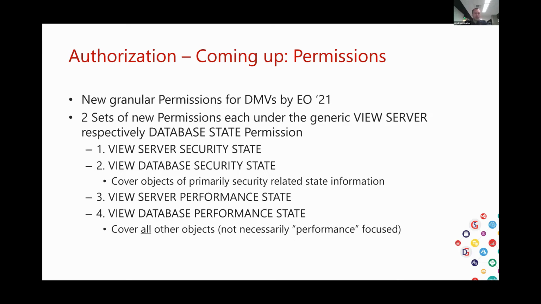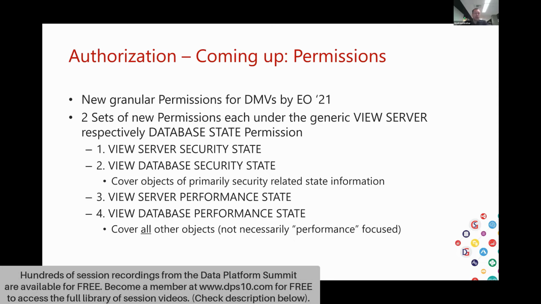I decided to split that to make sure that you can grant a performance analyst access to performance relevant data, but keep them out of anything that's security sensitive. So basically I made a split of the server state or the database state permission into two permissions. The second one is then VIEW SERVER PERFORMANCE STATE, respectively, VIEW DATABASE PERFORMANCE STATE.